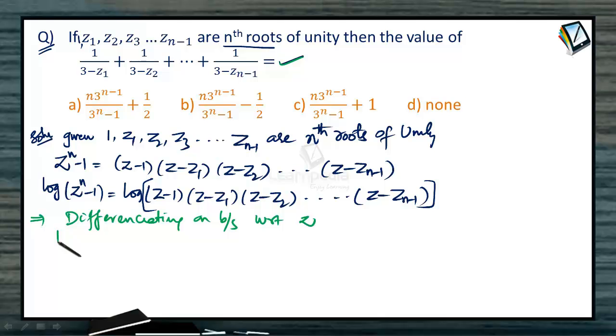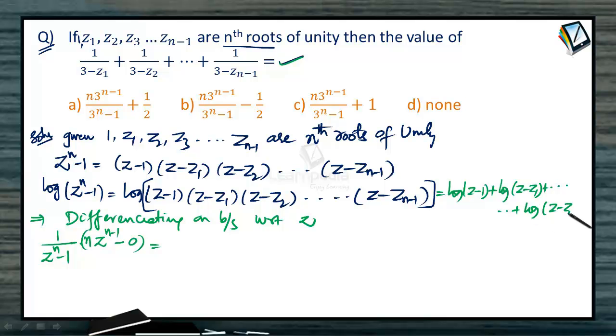Hence this becomes 1 by z power n minus 1 into the derivative of z power n, which is n into z power n minus 1, minus the derivative of 1, which is 0, equal to log of z minus 1 plus log of z minus z1 and so on up to log of z minus zn minus 1.